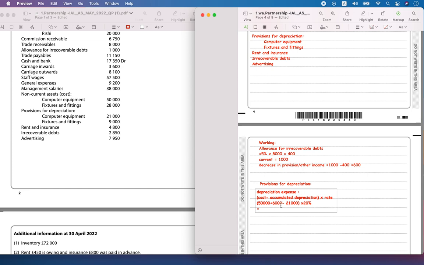So you add up 50,000 plus 6,000 minus 21,000 times 20%. The value will be 7,000. This is how you will calculate the depreciation cost for the computer equipment.